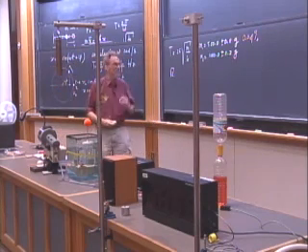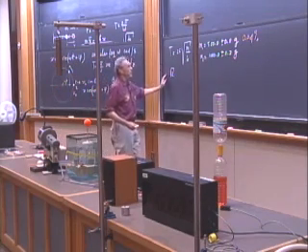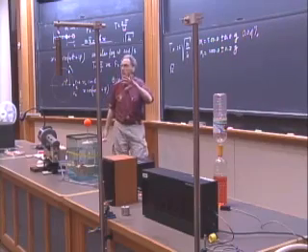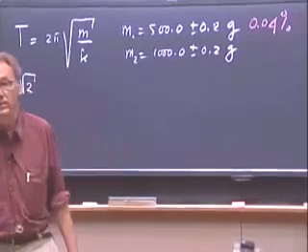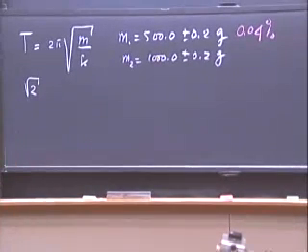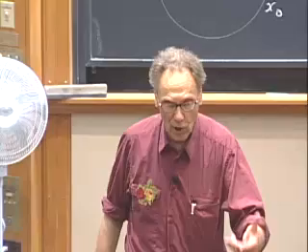So now comes the question, if I measure the period of oscillation with the 500 grams hanging on the spring, how accurately can I do that? On a good day, I can do it to 0.1 second accuracy. I have to start it, I have to stop it. And if I do that 10 times, obviously, you'll get different answers. And they vary by about 1/10 of a second on a good day.